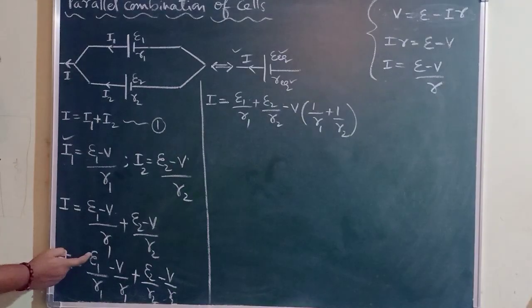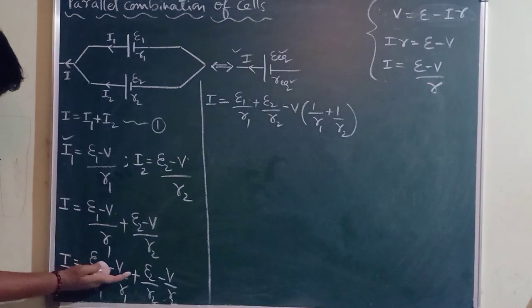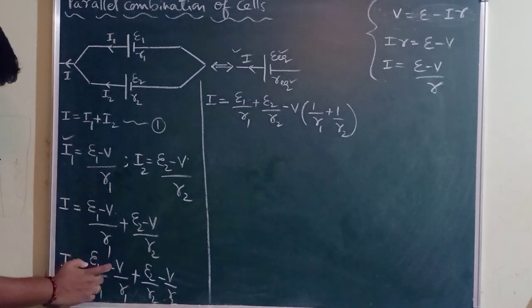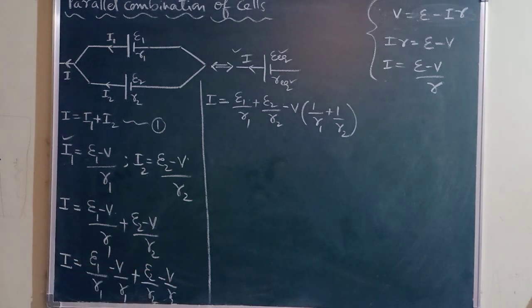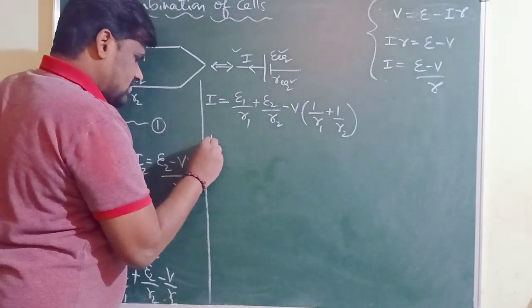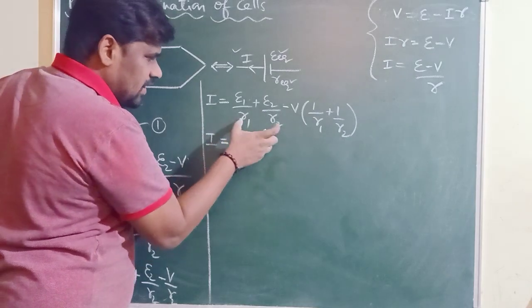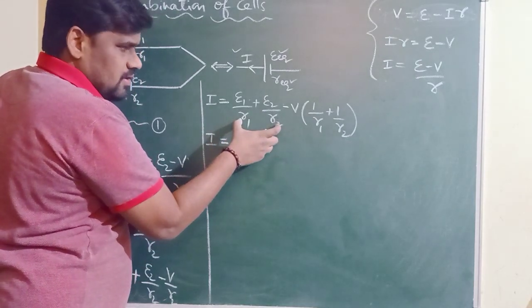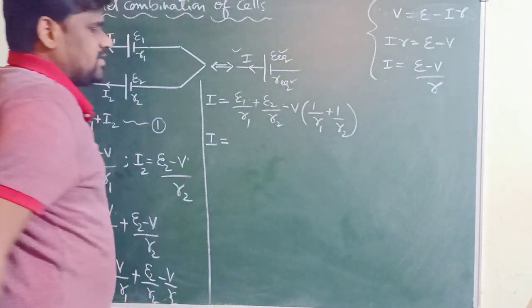Concentrate here. E1 by R1 plus E2 by R2. Next, between these two terms, I have taken minus V common. If we take minus V common, I can write this as 1 by R1 plus 1 by R2. Next, take LCM and simplify.